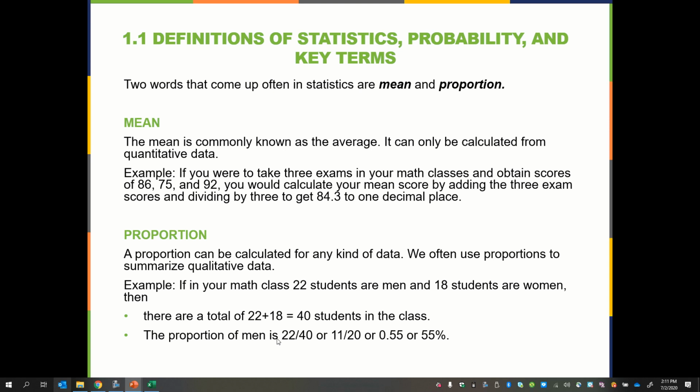The proportion of men would be 22 divided by 40, or as a reduced fraction, 11 over 20, or as a decimal, 0.55, or as a percentage, 55%. Likewise, the proportion of women is 18 over 40, 9 over 20, 0.45, or 45%.